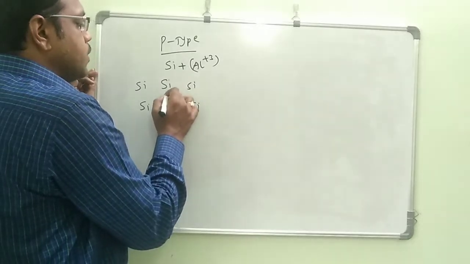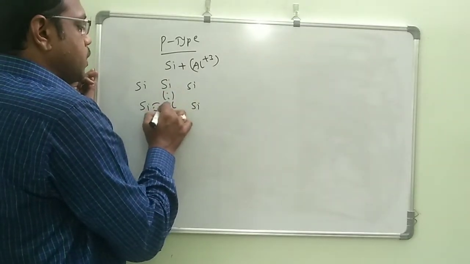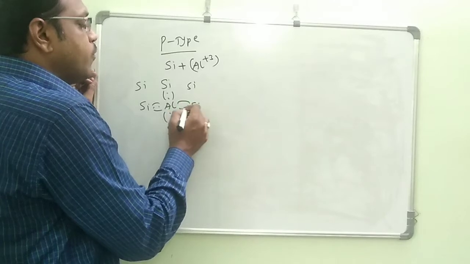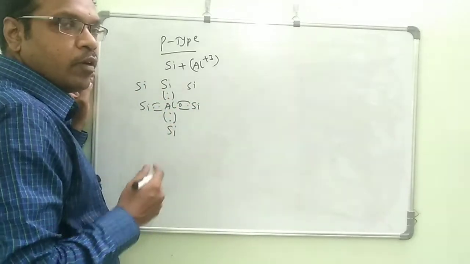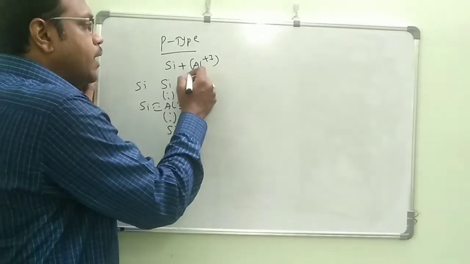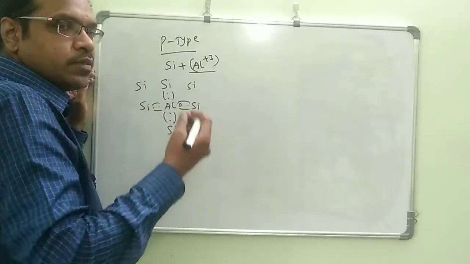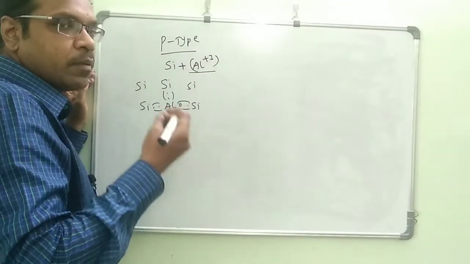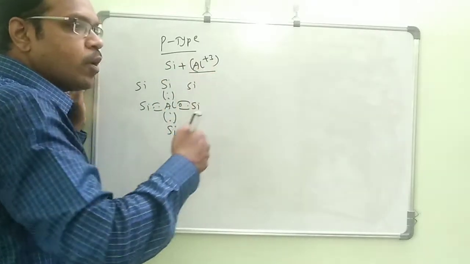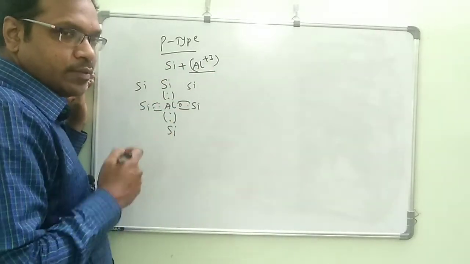Aluminum contains 3 valence electrons, it can form 3 bonds, but one more bond also will form with the help of one hole creation. When you are adding aluminum atoms in ppm, that is parts per million, and keep on adding this impurity, the number of holes will increase.